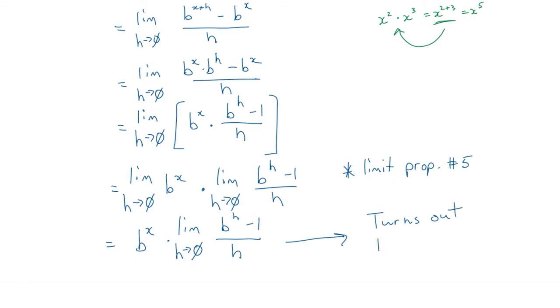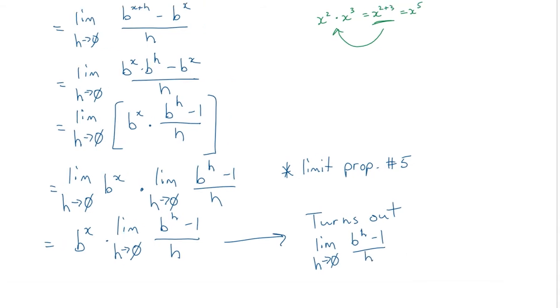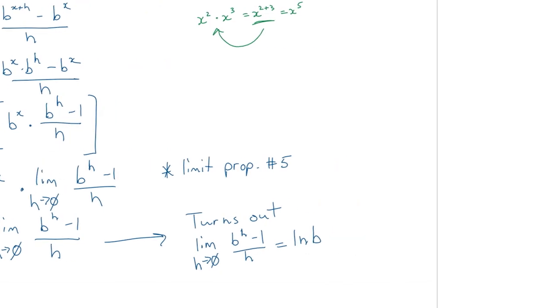that the limit as h approaches 0 of b to the h minus 1 over h is equal to the ln of b. So a specific case of that would be the limit as h approaches 0 of 2 to the h minus 1 over h would equal the ln of 2.